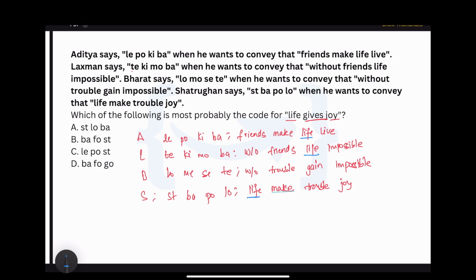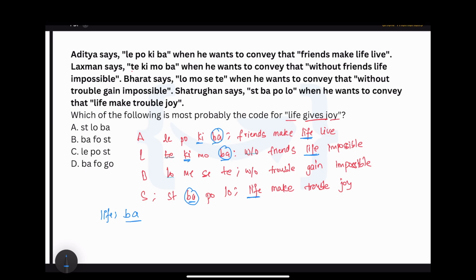Okay, so we have ki repeated, and ba repeated in two sentences, and in the third ba is also repeated. So I know that my life will be equivalent to ba, because life is there in my three words, and ba is also there in my three of the sentences. So life would be ba.